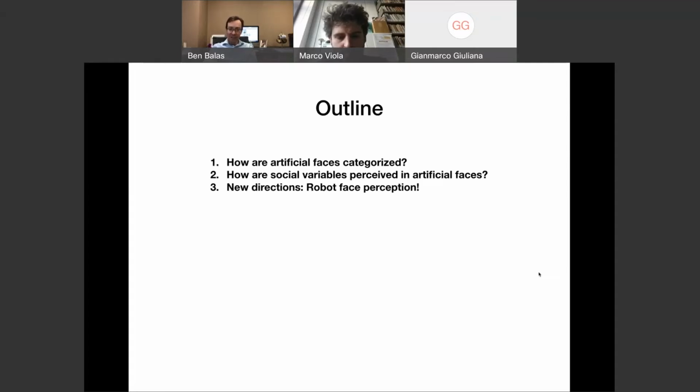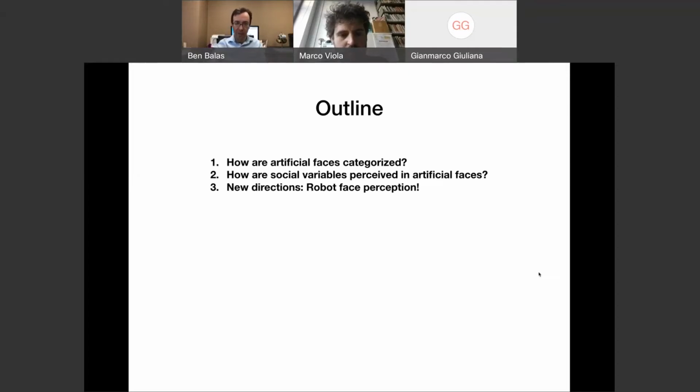These are sort of plastic metal robots that have very different facial appearance than human faces, but nonetheless are often perceived as perfectly acceptable social agents. We're sort of starting to look at some of the properties of how robot faces are perceived, and again, how these sort of cognitive and social factors may affect the way we make inferences about robot faces.